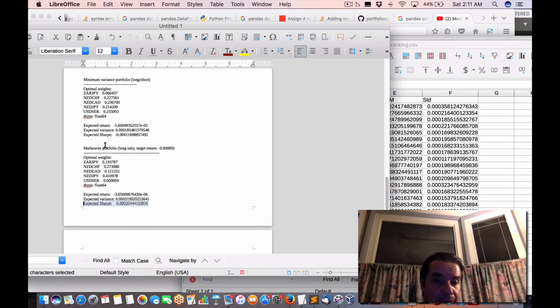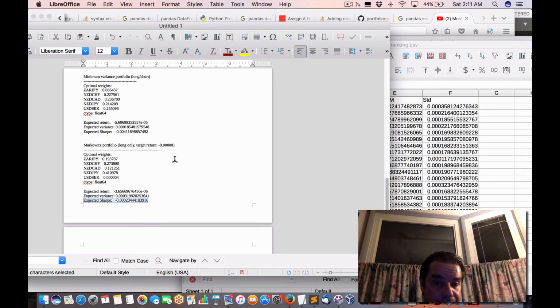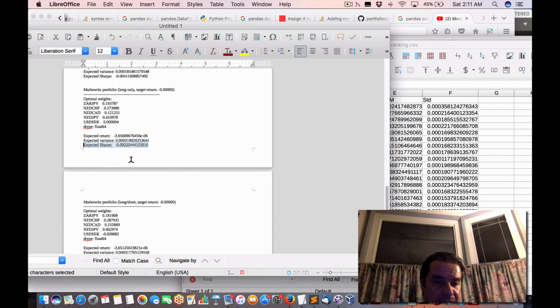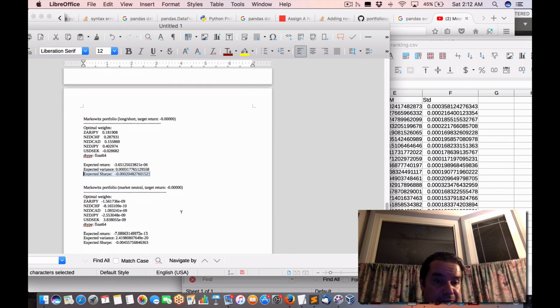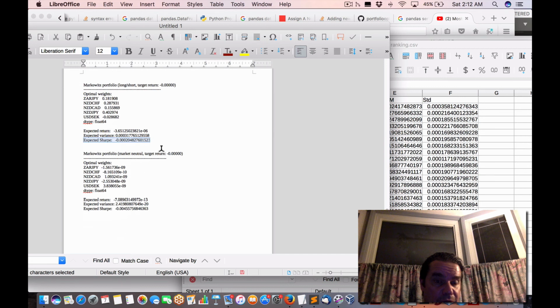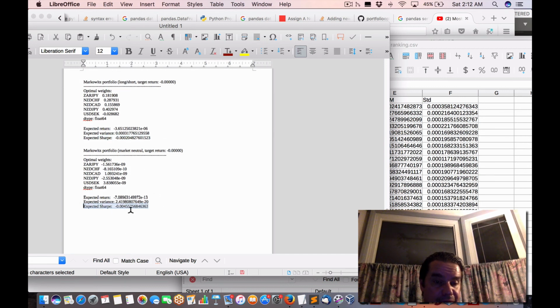Same here on the Markowitz portfolio, long, short only, with a target return, expected Sharpe, so the performance will not be that good. Markowitz long-short combination. This is going to be negative. Markowitz portfolio, market neutral, again negative.